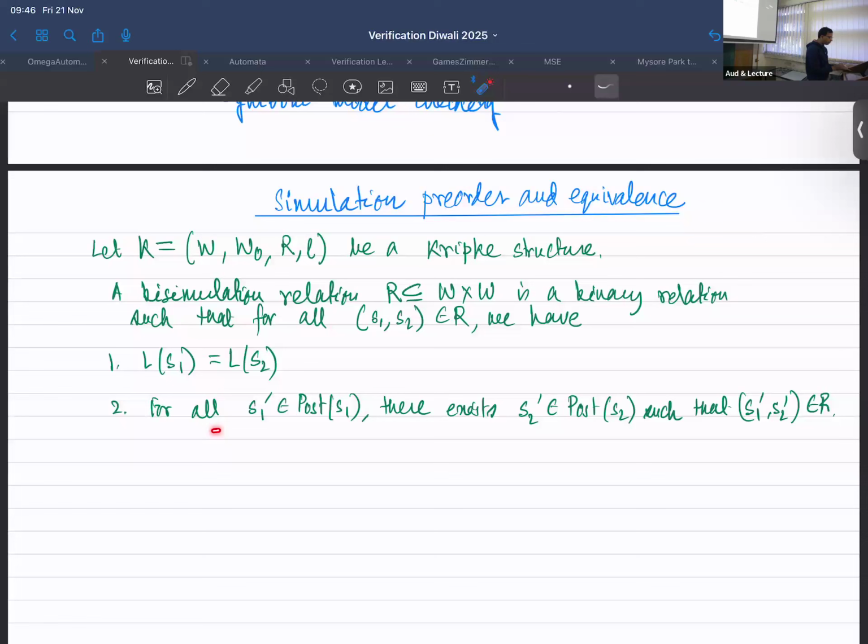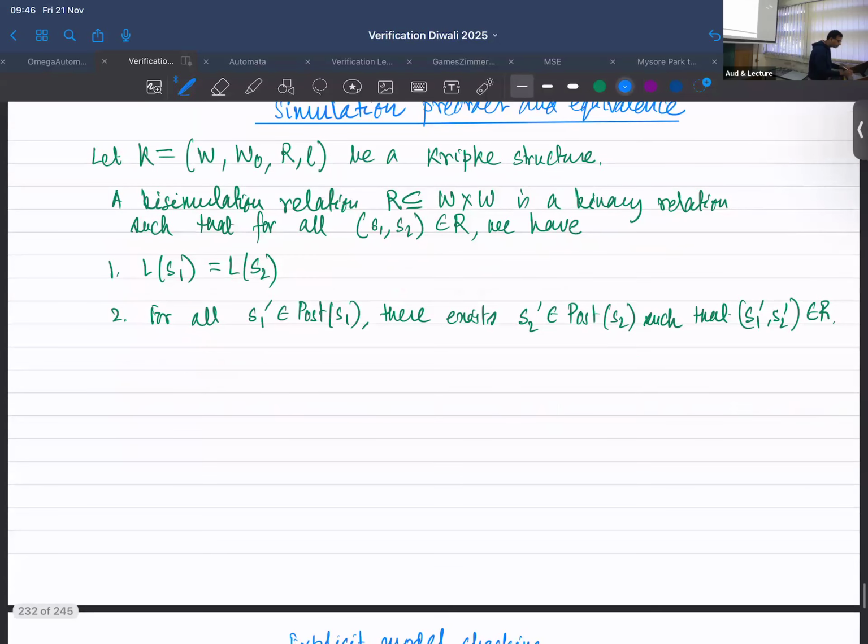So this just says that whatever S1 can do, S2 should be able to mimic that move. Maybe S2 can do something more also, which we are not talking about here. So this is the notion of the trace. This is called a simulation relation, and you see it may not be an equivalence because, as we are saying, S2 can do more.